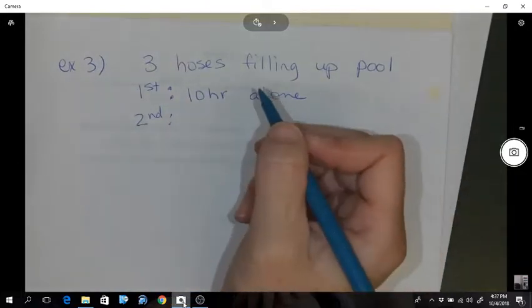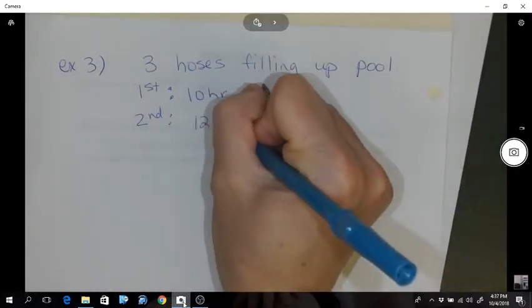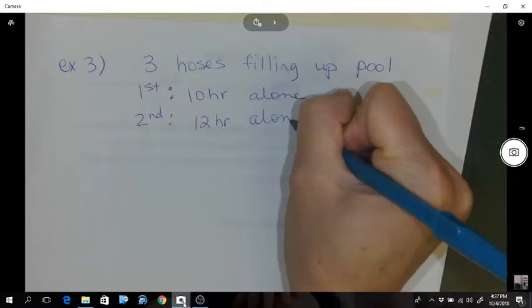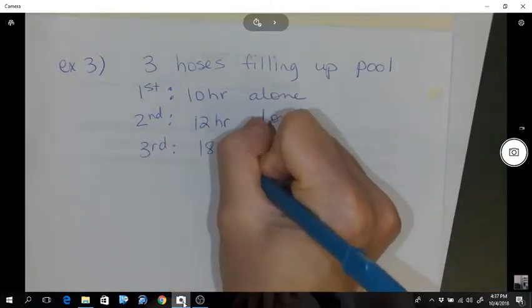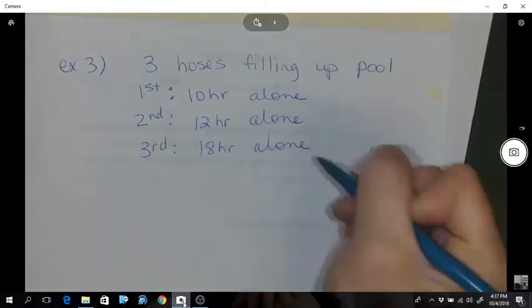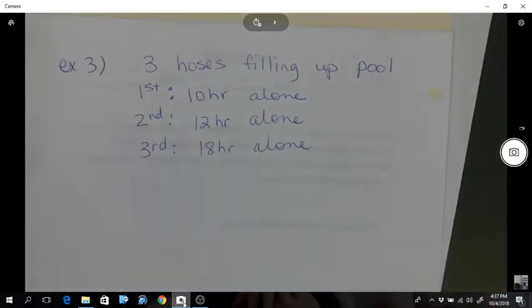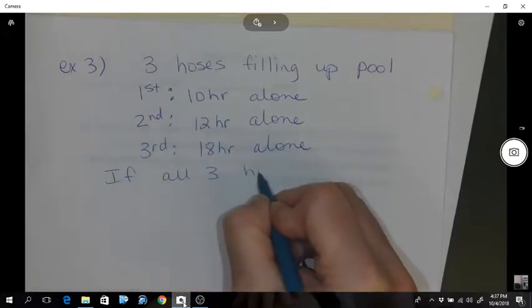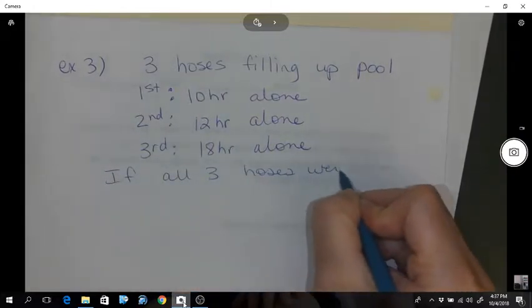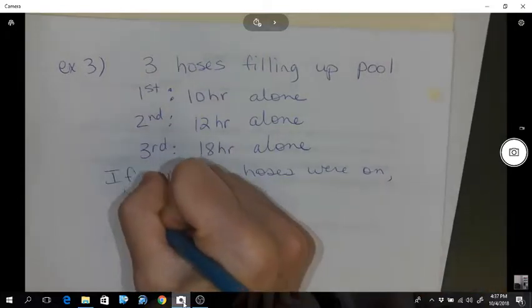If you use just the second hose, it would take 12 hours. And if you use just the third, it would take 18 hours to fill up your pool. So if they were all going together, how long would it take?